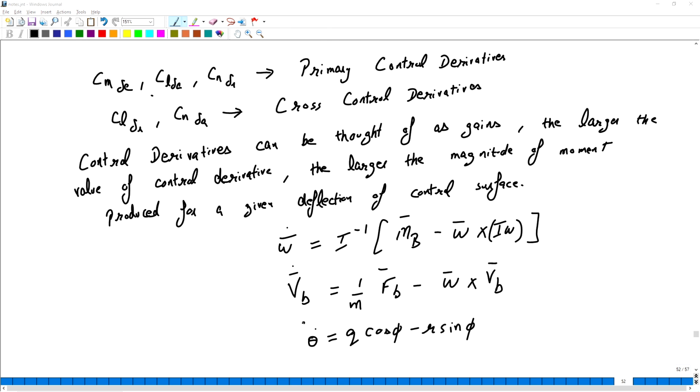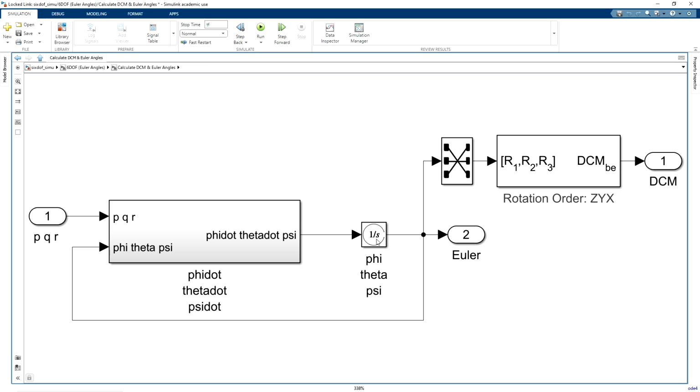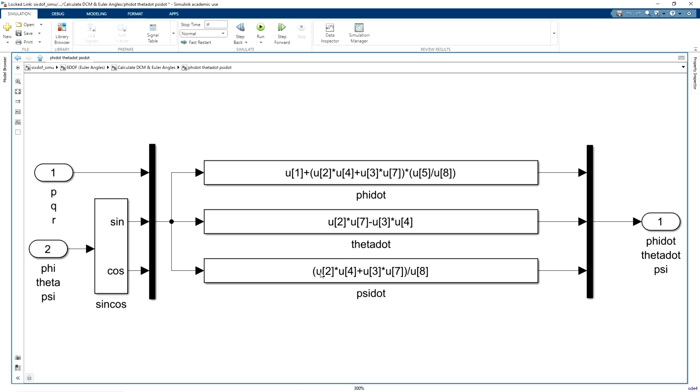All right. Here we have an integration symbol as well, and the inputs are of course the angular rates p, q, r and the Euler angles. When we integrate this, we should get phi, theta and psi. Let us see, do we have that theta dot equation here or not? So theta dot is this equation. The first input is p, q and r.